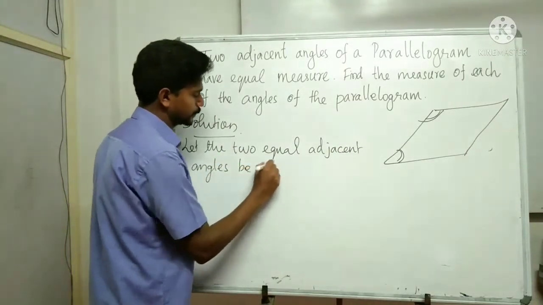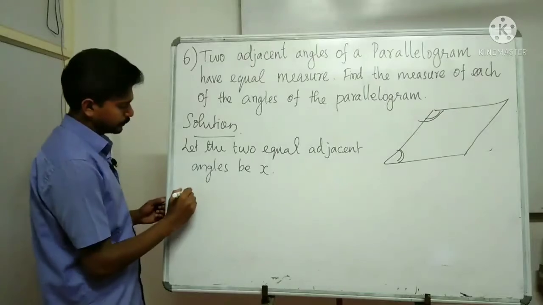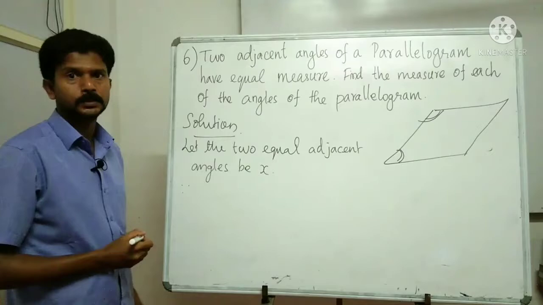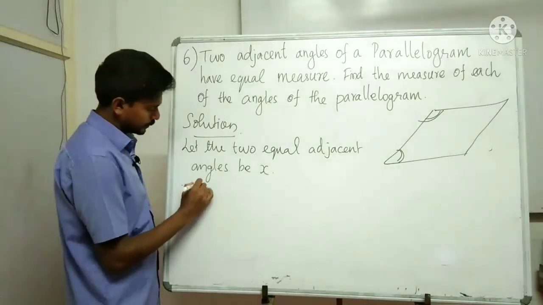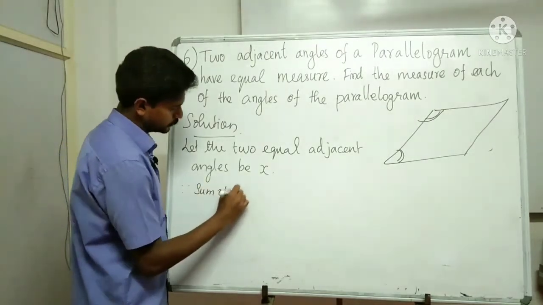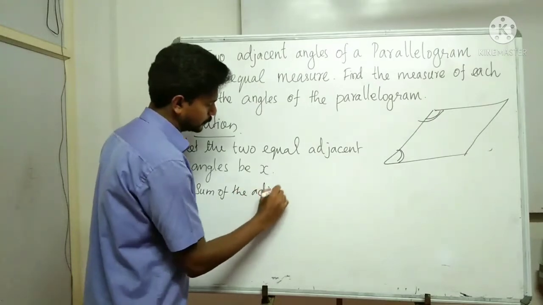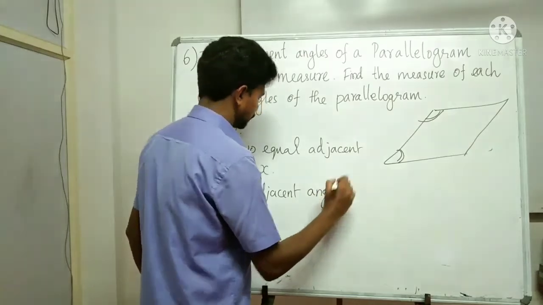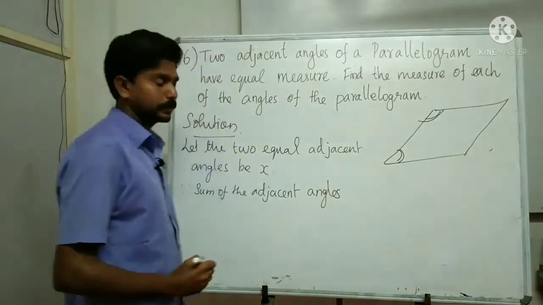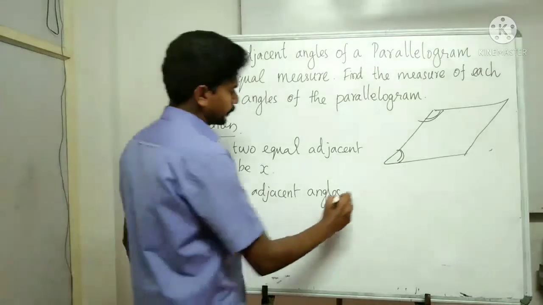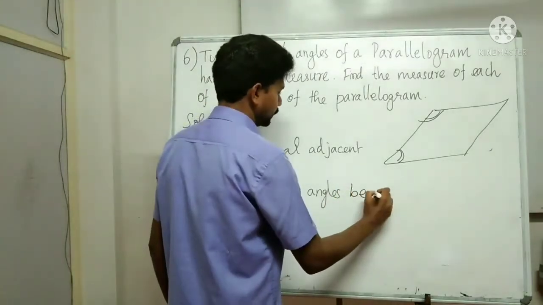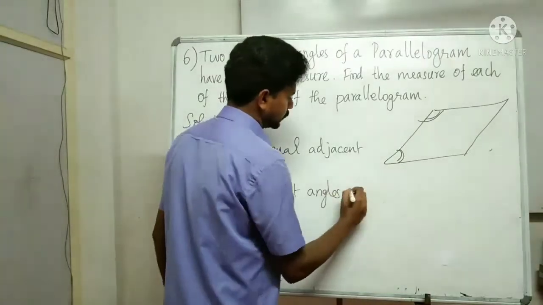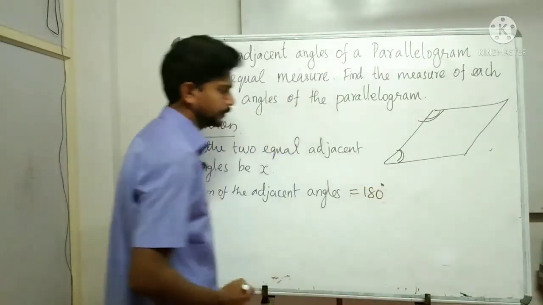We know that the sum of the adjacent angles is equal to 180 degrees.